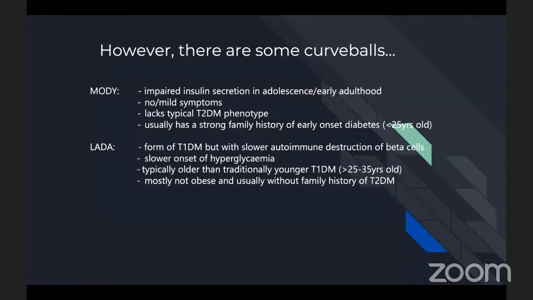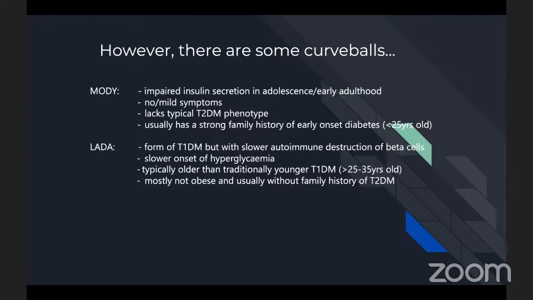The onset of diabetes is in adolescence or early adulthood, whereas we usually expect these ones to have a type 2 diabetic phenotype. They don't really have that, and as a result, have mild or no symptoms. Remember, the type 1s usually have symptoms that point us in the direction that they are hyperglycemic. These groups don't tend to have that, and they usually have a strong family history of early onset diabetes, usually younger than 25 years old.